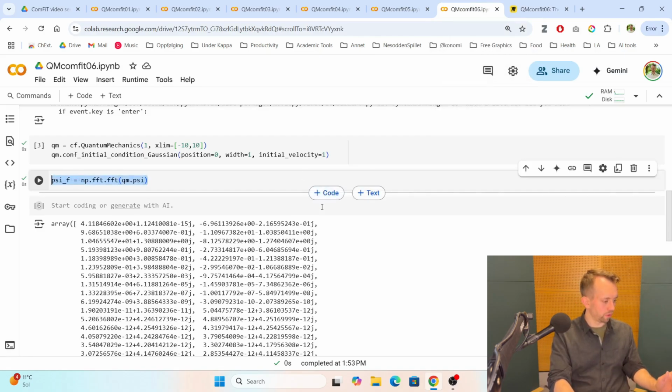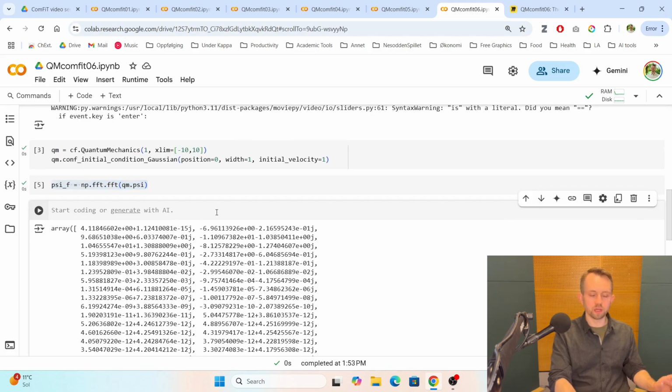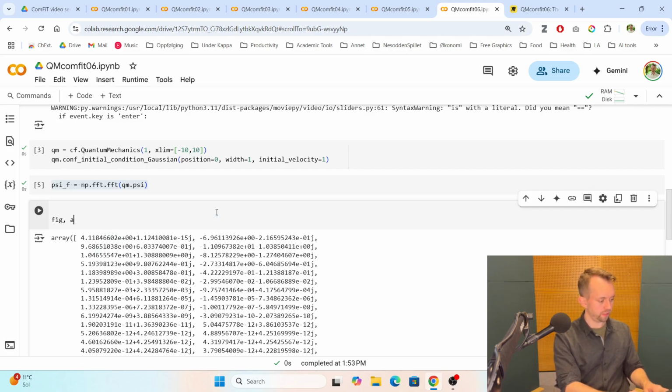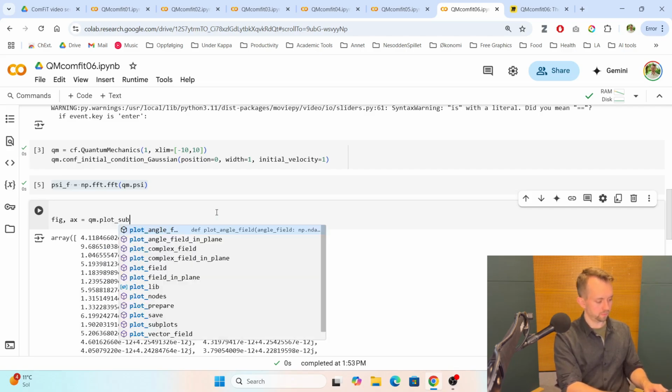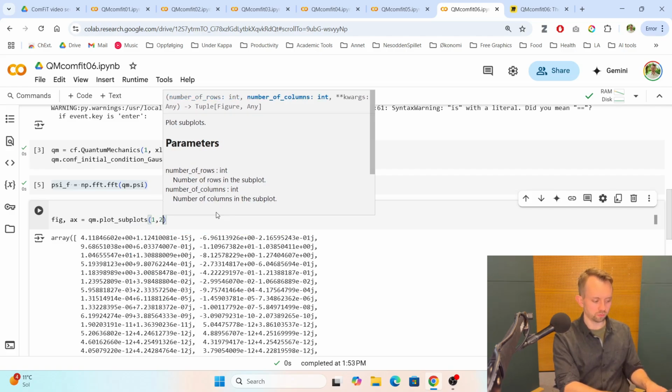So we already have one. We're going to create a subplot structure so we can look at both of them simultaneously. So let's do fig, ax equal to qm.plot.subplots, and we're going to have one row and then 2 columns.